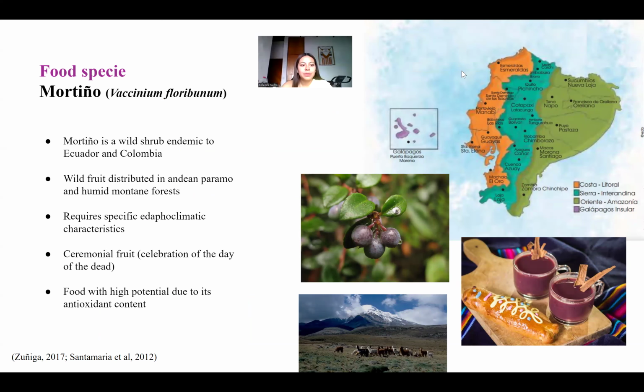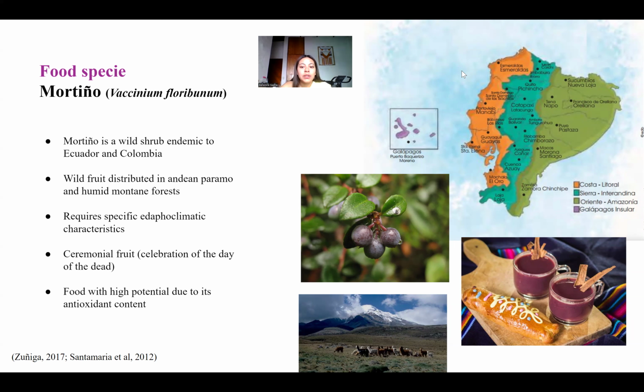Okay. About Mortinho, our third species, Vaccinium floribundum, better known as Mortinho, is a wild shrub endemic to Ecuador and Colombia. This fruit is similar to a blueberry and is distributed in the Andean paramos and humid mountain forests. Mortinho requires specific climatic characteristics for its development.